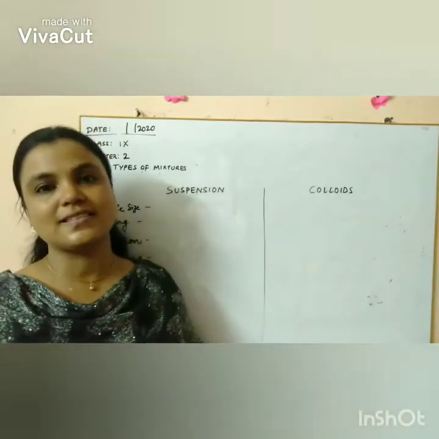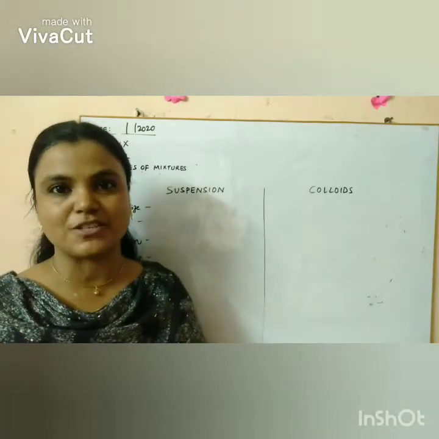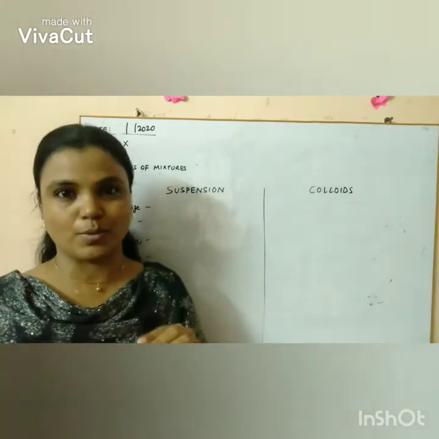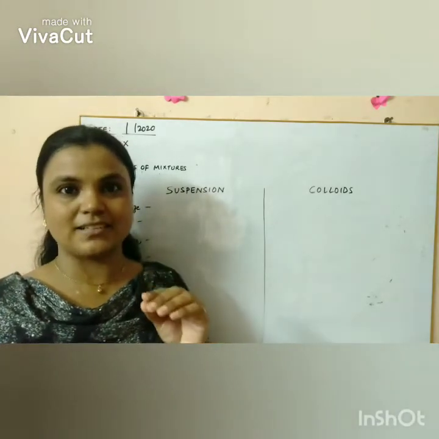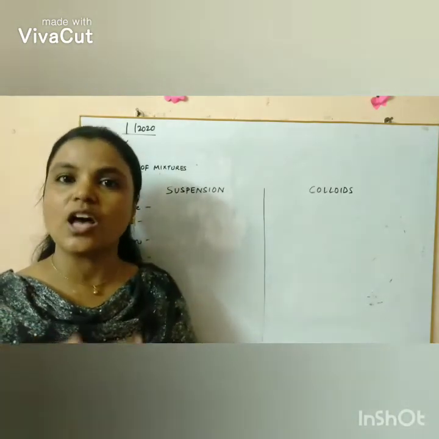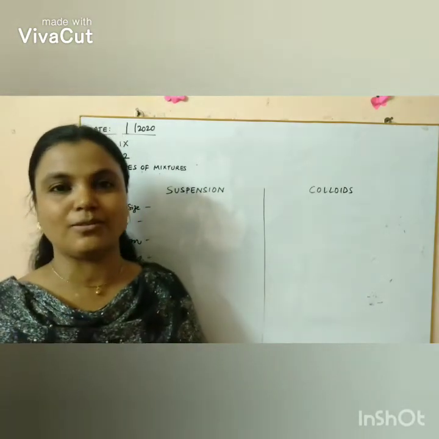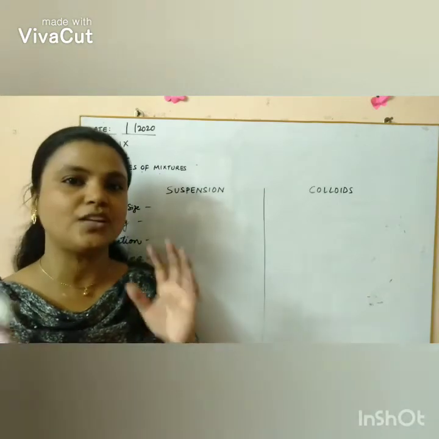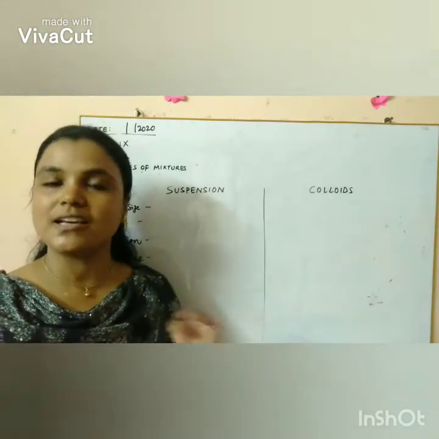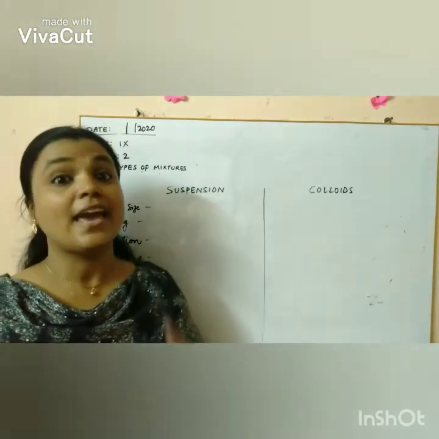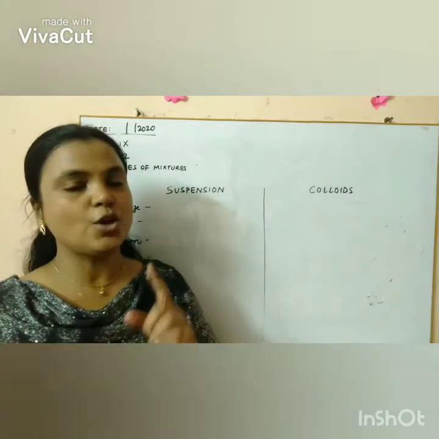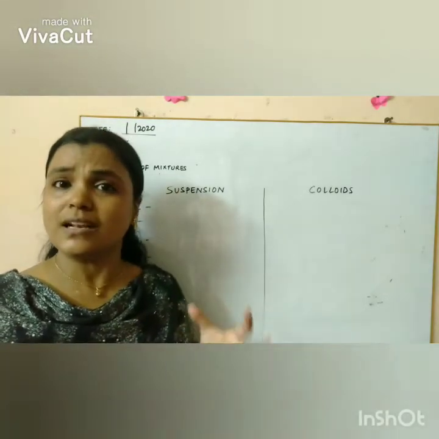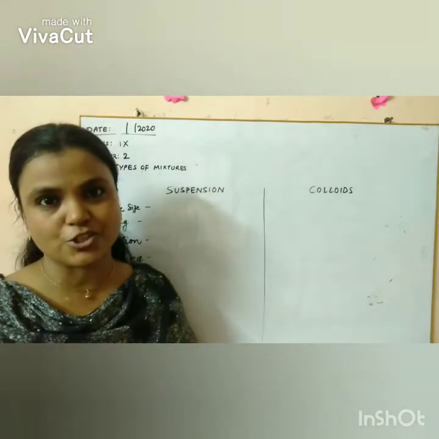The first glass contains a homogeneous mixture because the salt components, the solute particles, dissolved completely throughout the solution, leaving behind no trace. So that is an example for a true solution. But the other two glasses contain heterogeneous mixtures. You will be surprised to know that milk is also a heterogeneous mixture.